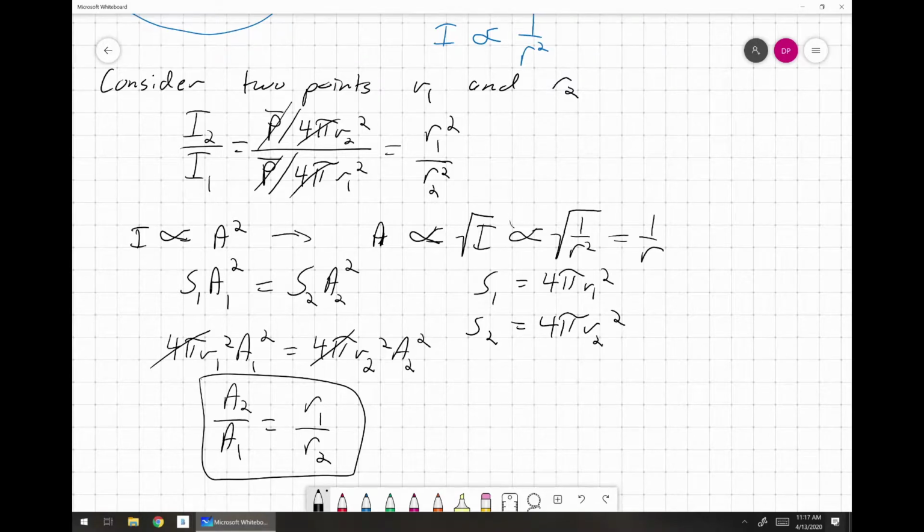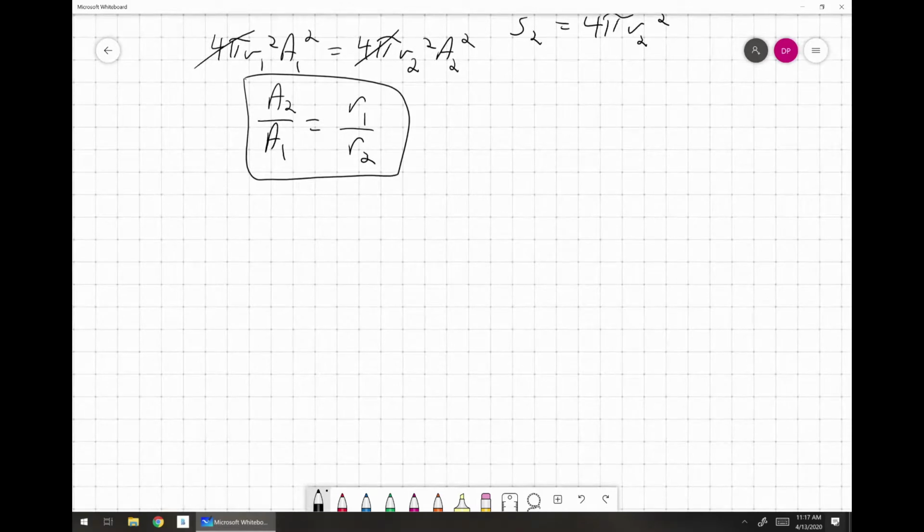Okay, so now let's consider an example here, and this is the earthquake intensity example in the textbook. The intensity of an earthquake P wave traveling through the Earth, detected 100 kilometers from the source, is 1 times 10 to the 6 watts per meter squared.